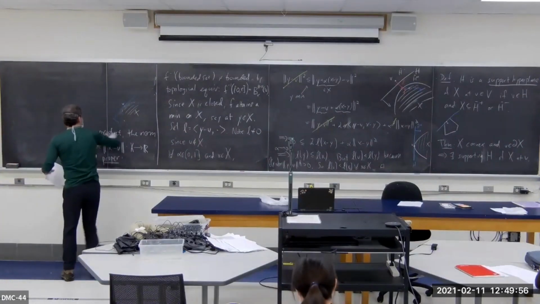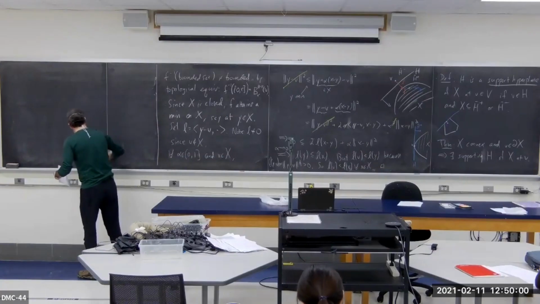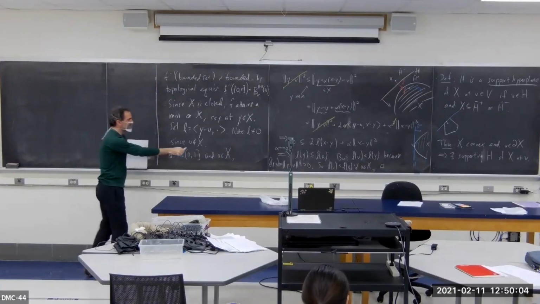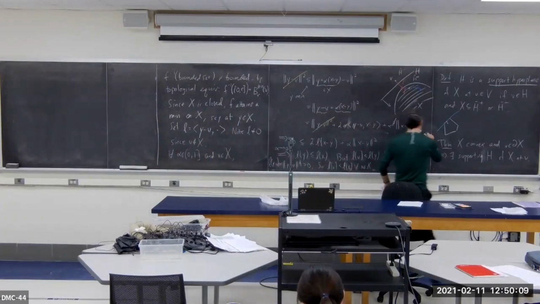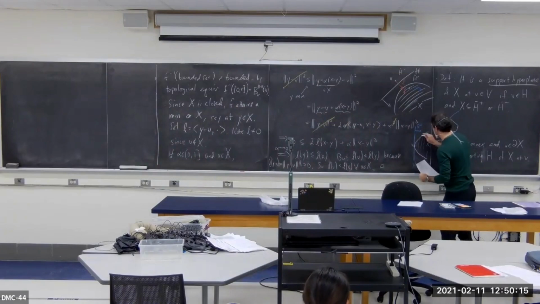So the intuition for this, I'd say it's intuitive enough, is the following. If you pick X and a point of the boundary, you pick hyperplanes that get closer and closer until you actually hit the desired point.